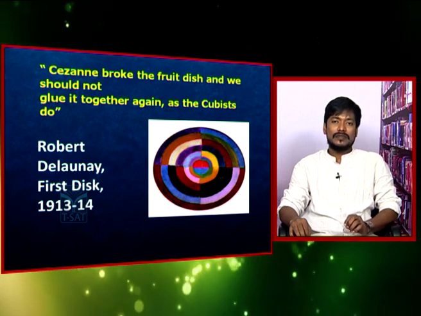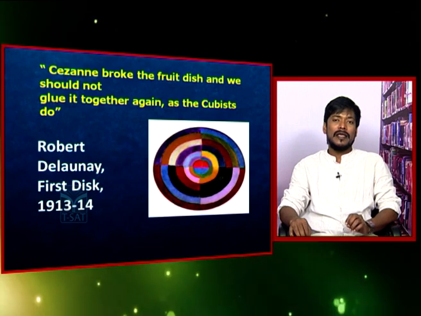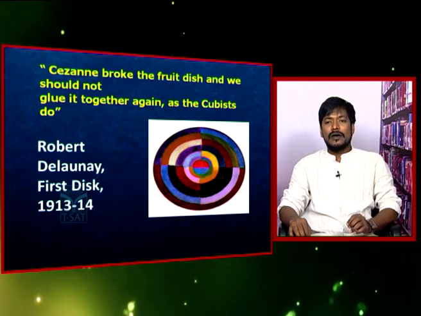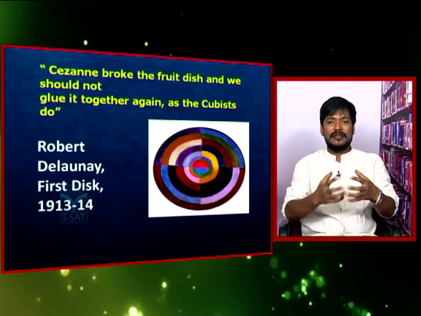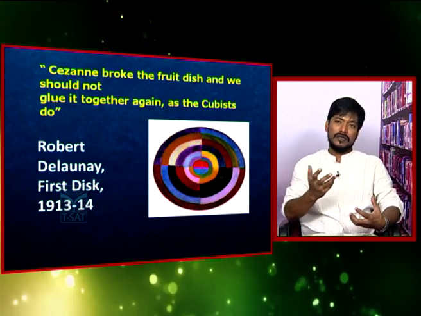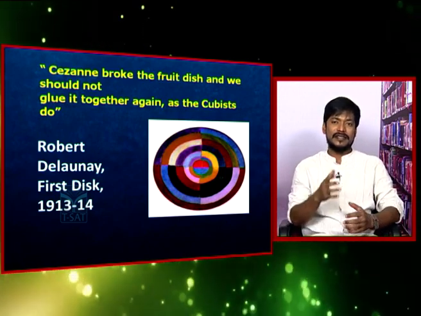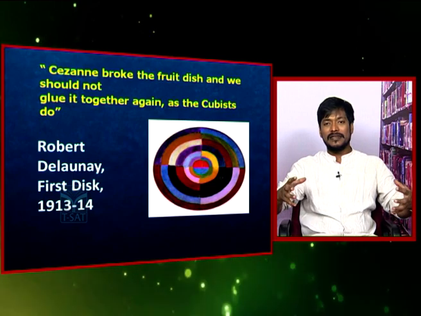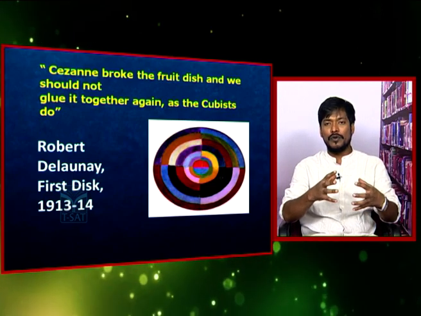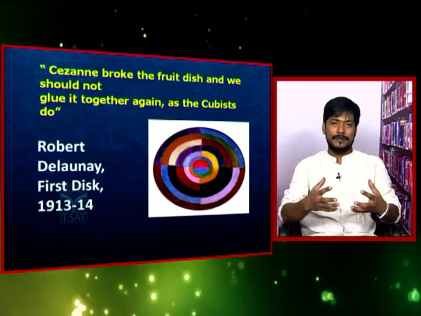What he means is, when you look at Cubism, the Cubists analyzed the object. They saw the object from all the sides, they analyzed it, but they combined all those viewpoints together to make a painting.